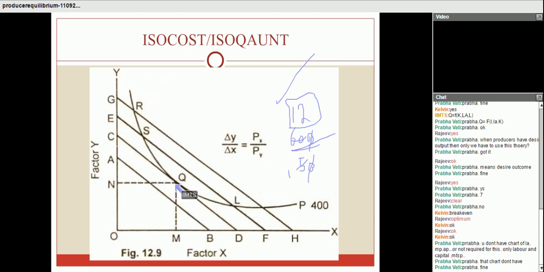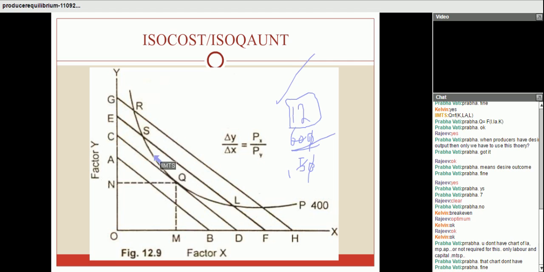Any point below point Q is desirable because it means lesser cost to the firm. But with that point, we cannot get the 400 units of output, which is the target of the firm.